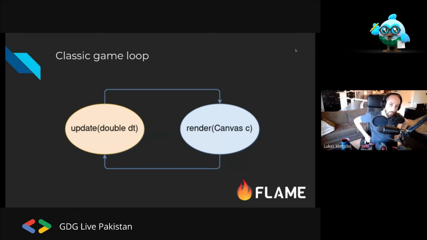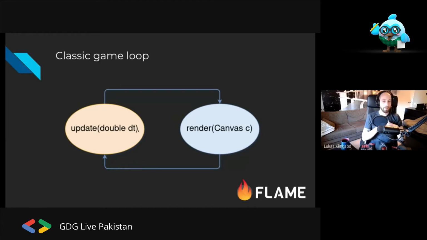And in Flame, we implement something called a game loop. If anyone has done game development before, you are probably familiar with the concept, but for the ones that haven't, a game loop is basically two methods. One that updates all the logic in your game, and one that renders the results of that update. So you run your update method, and you see the little argument that we get here, double DT.